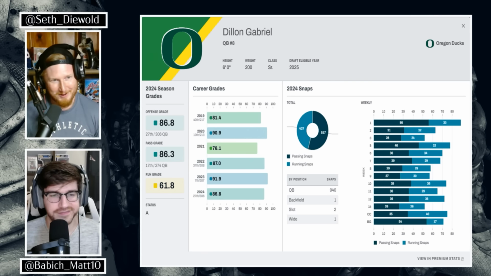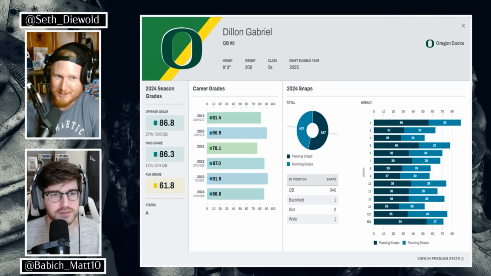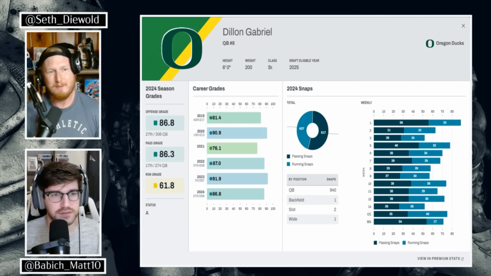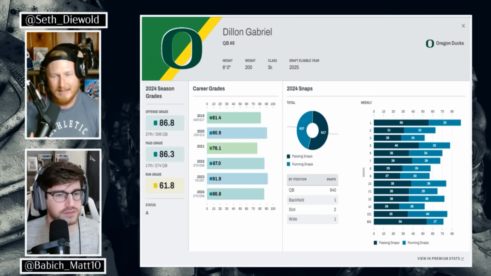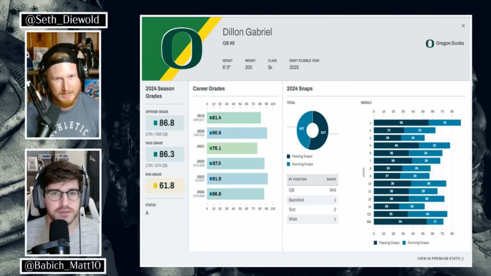And he got antsy and said, okay, we got to take this guy, even though it makes no sense for us because we have Joe Flacco, Kenny Pickett, Dillon Gabriel, and Deshaun Watson, whose contract is going to eat our entire team alive. And now we're going to add a 5th quarterback to this weird quarterback room. It made no sense.